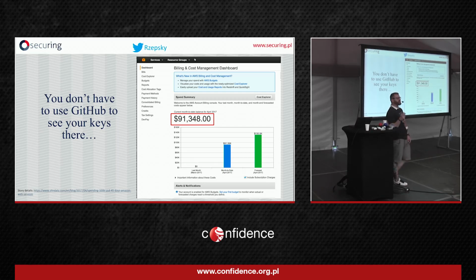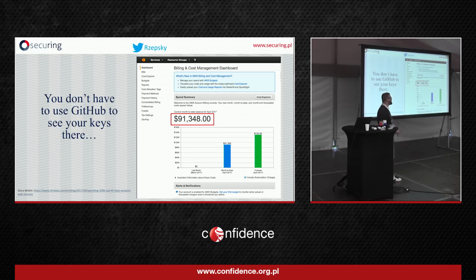After the weekend, so after just 2-3 days, he saw that he's supposed to pay almost $100,000. Why? Because the role which was given gives him the possibility to run any new instance. So the criminals took and started the biggest instance in every region in the world, and then started mining cryptocurrency.